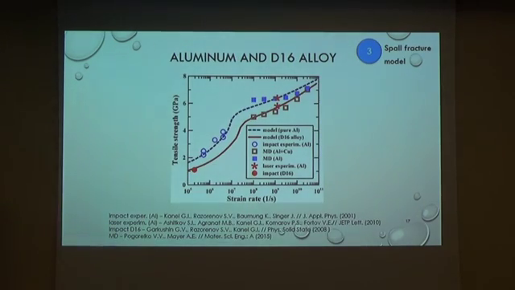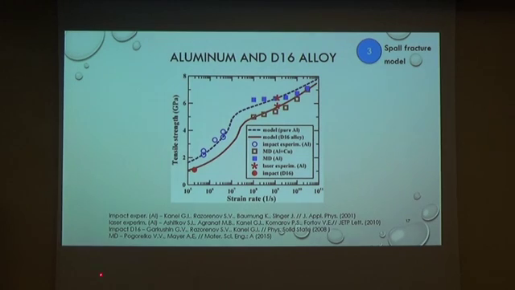This is a comparison of our model with some experimental data and data of molecular dynamic simulations. It's clearly seen there are two regimes: at medium strain rates, where the pre-existing voids begin to grow, and at very high strain rates, where new pores nucleate, and it's maybe the main mechanism of fracture.